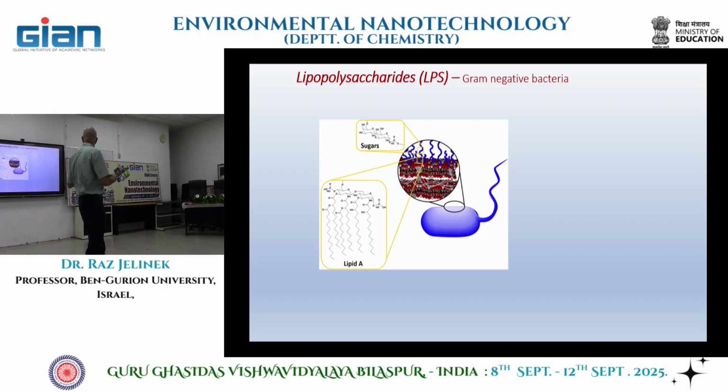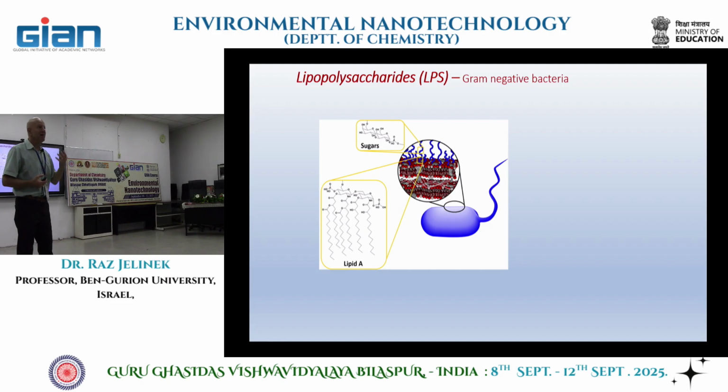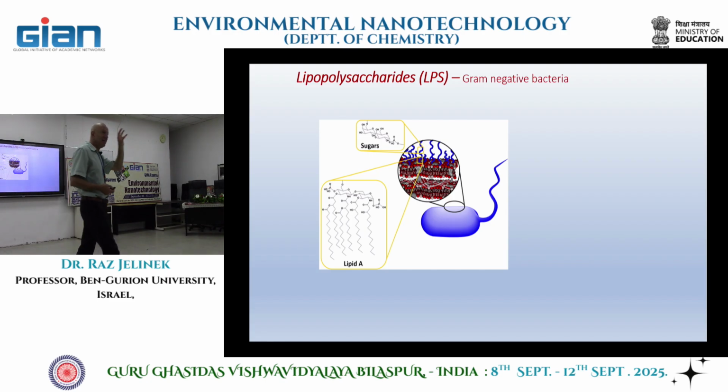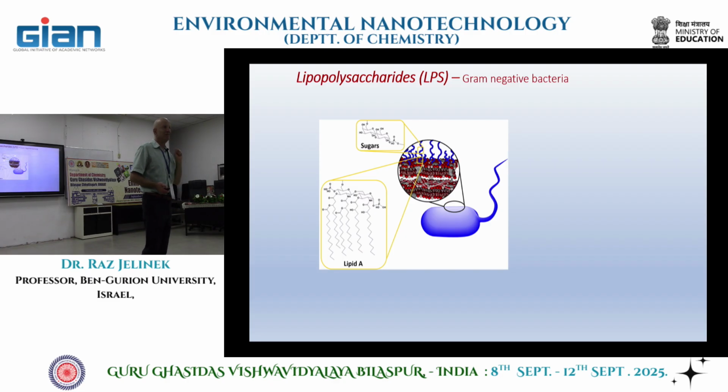And these lipopolysaccharides are very specific to gram-negative bacteria, and even more than that, Pseudomonas aeruginosa have specific lipopolysaccharides, or LPS, on their surface.